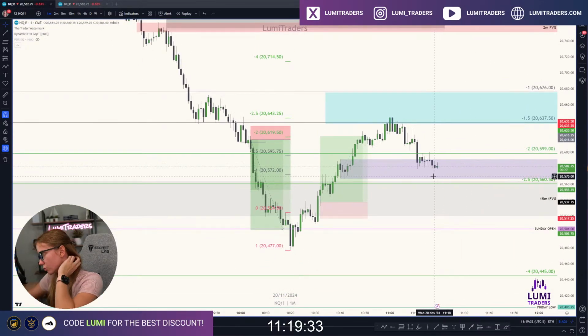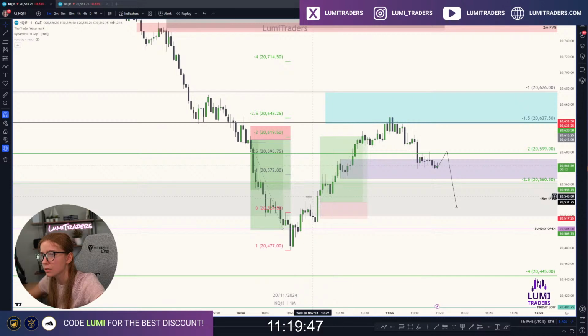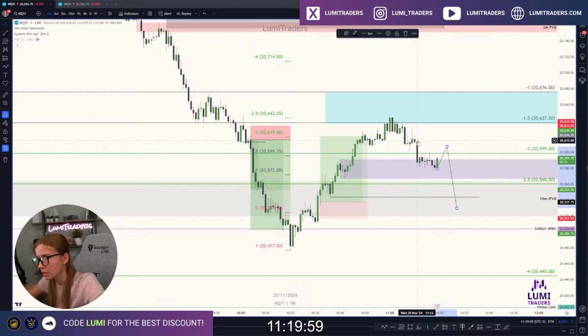Kind of stuck at this order block. Maybe right now, something like this to break this low. Why I highlighted this potential move down, as you can see, it's still below this candle high.